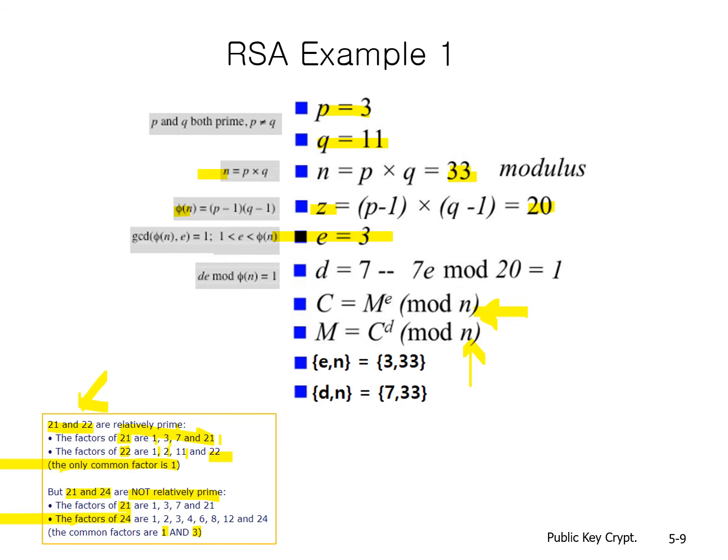And we can also select D as 7 because D times E mod phi n must leave the remainder 1. So now we generate the public key E, N is 3, 33, and the private key D, N is 7, 33. We can use this equation for encryption, this equation for decryption.